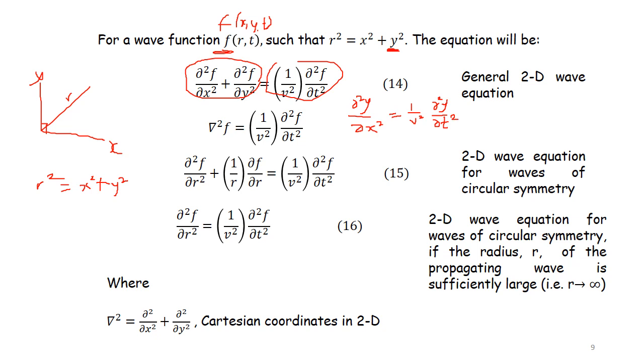Okay, so very, very similar, just that in 2 dimensions we now use f, a function of r and t, and r is a function of x and y. So we just have to do that.